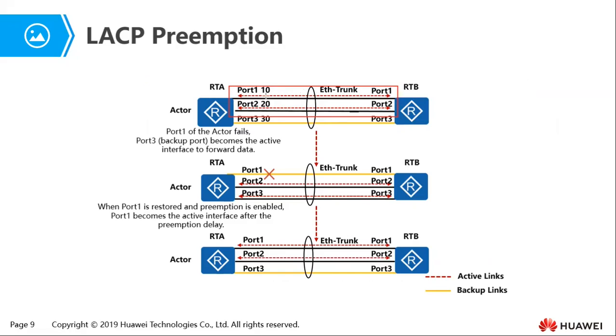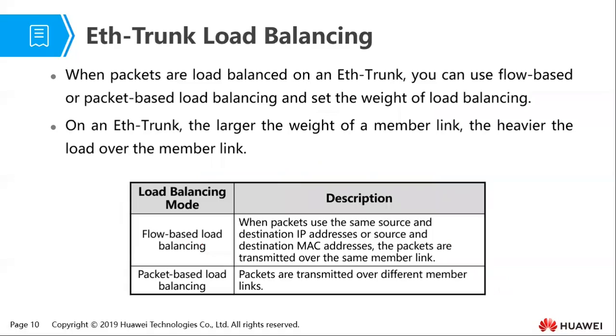So if there are 2, then 50-50. If there are 3, 33.33% of the data each. But when we set the weight, then we can say that we want port 2 to forward 70% of the packets and port 1 to forward 30%. So that is what the weight is.